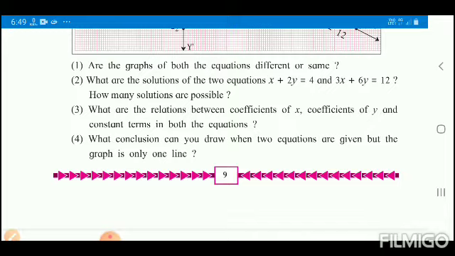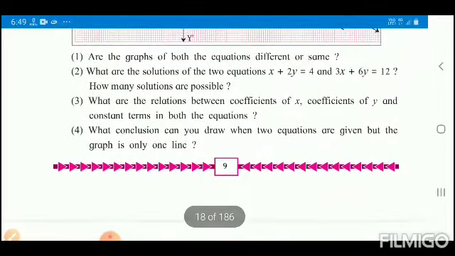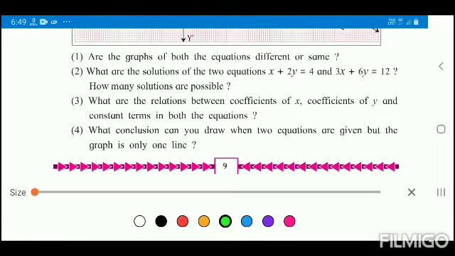Then, if you look here, if you see the values of A1, A2, B1, B2 and C1, C2, these are equal. Meaning I will show you here.